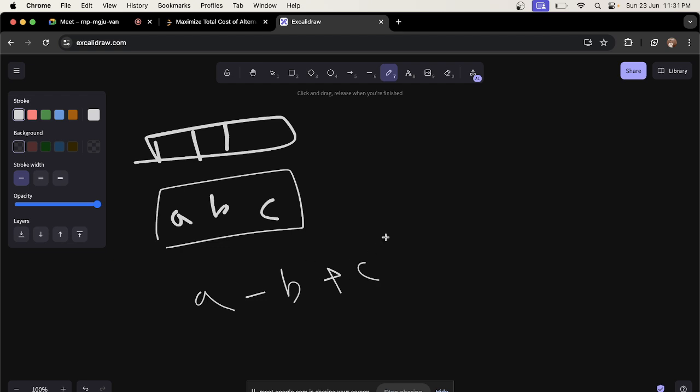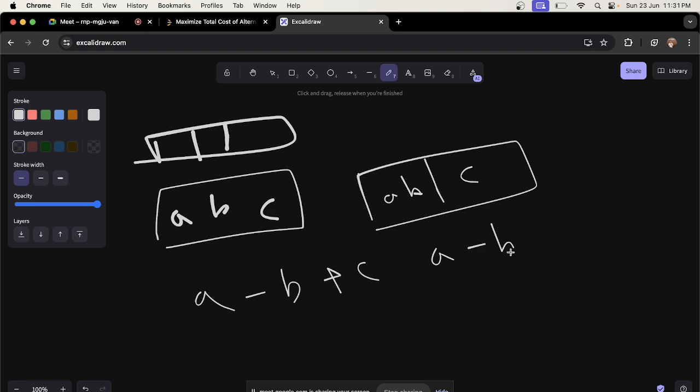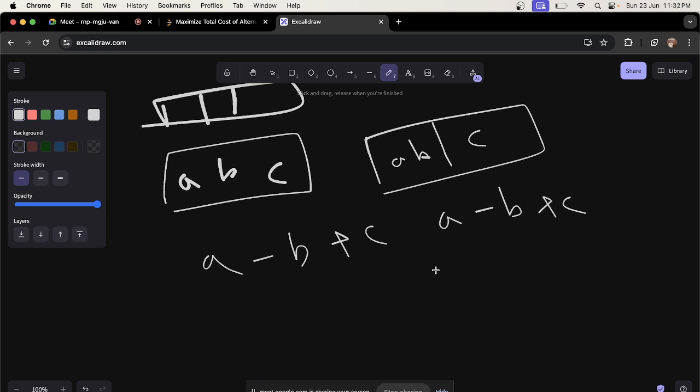Correct. Now let's say I want to make two subarrays, A comma B in one subarray and C in another. It will also have the same result: A minus B, and since C is a new subarray, it will also have plus C, right? Yes. So what do you understand from here?